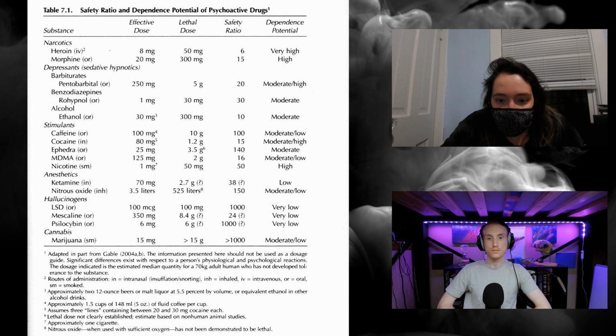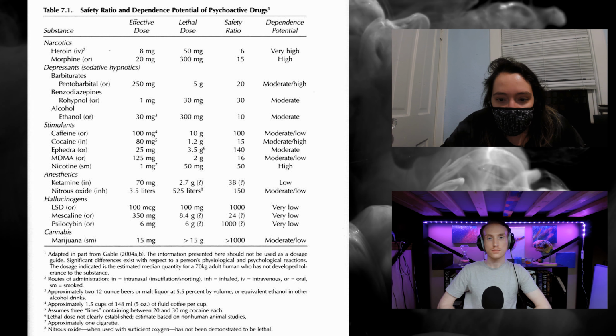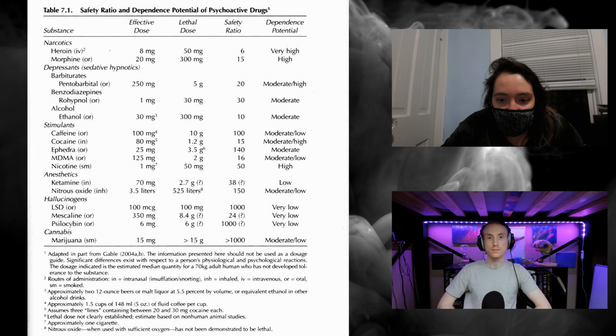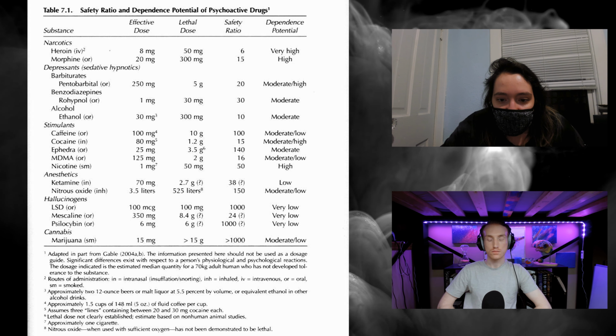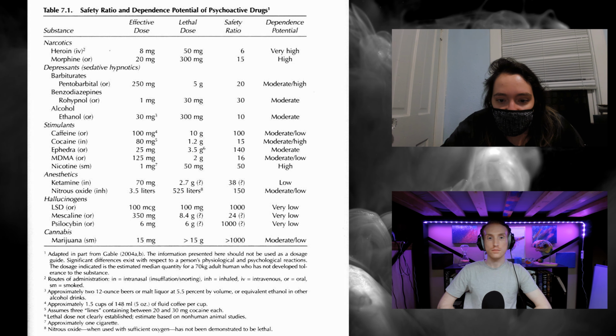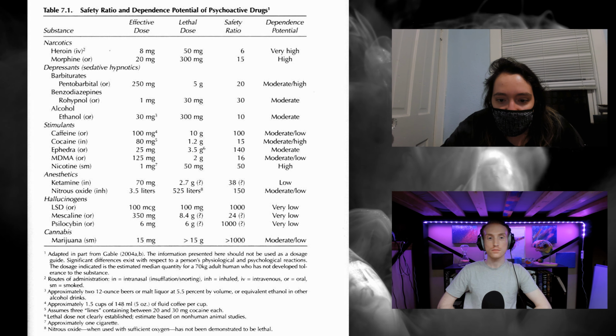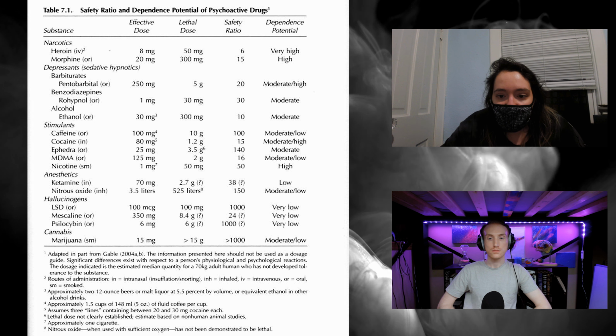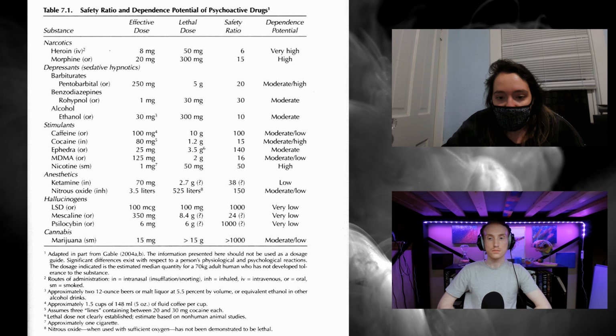Nicotine: effective dose is 1 milligram, then the lethal dose is 50 milligrams, so the safety ratio is 50, and dependence potential is high. Ketamine: the effective dose is 70 milligrams, lethal dose is 2.7 grams, and safety ratio is 38. Dependence potential is low.